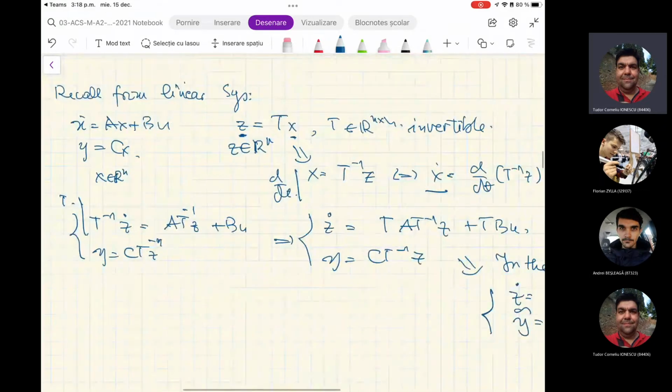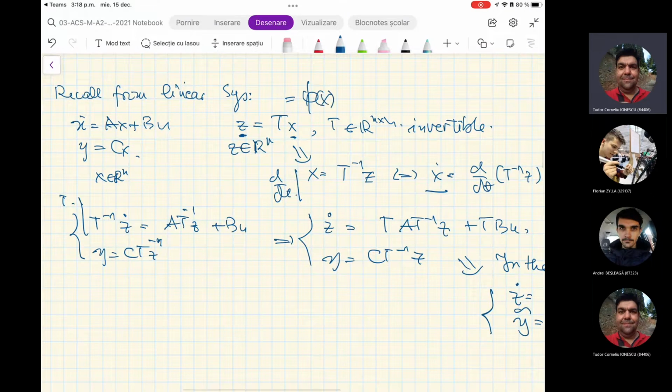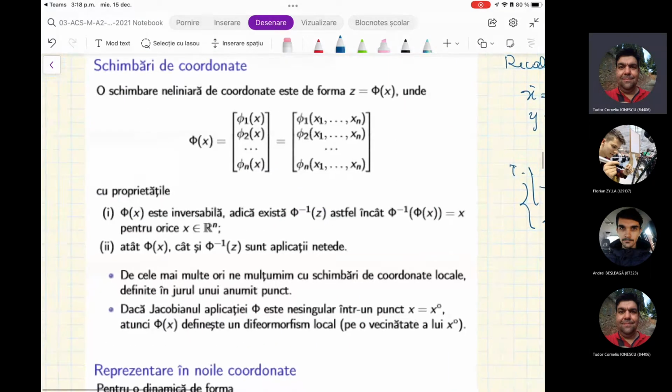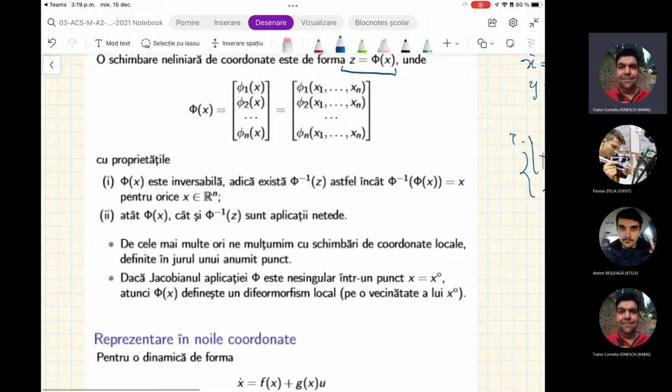Well, in the nonlinear case, this is just a function phi. This is not linear any longer. So you consider the new coordinates z equal phi of x, where phi is this vector field phi 1, phi 2 up to phi n, with the following properties.